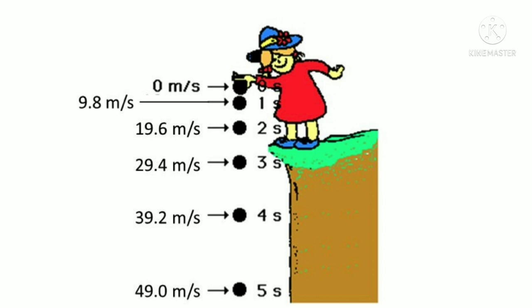Like that it will be increasing every second. The change in velocity must be due to the force acting on the object. So the acceleration of the body is due to the earth's gravitational force. So it is called acceleration due to gravitational force, or acceleration due to gravity of the earth.